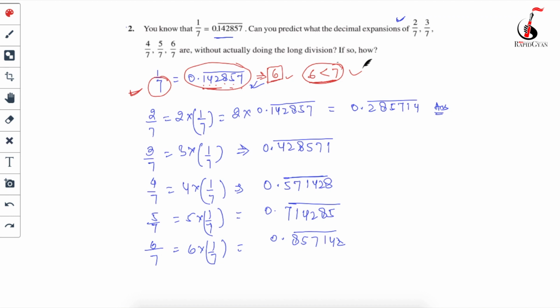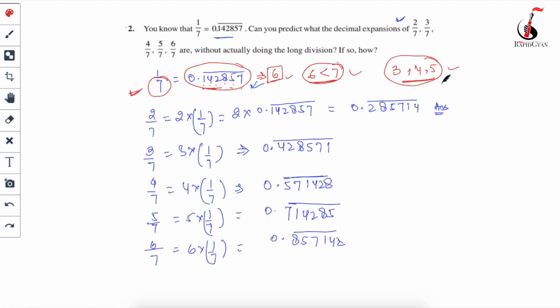The total number of digits present in the repetition string will always be less than your divisor. The maximum number you can get is 6. It might be possible that after 3 digits or after 4 digits or after 5 digits it will start repeating. But it will never cross the divisor. It will always be less than the divisor.